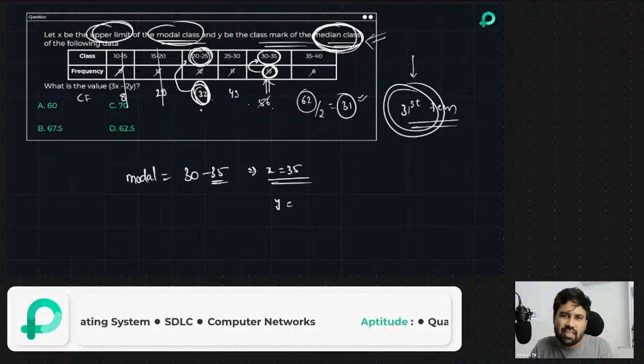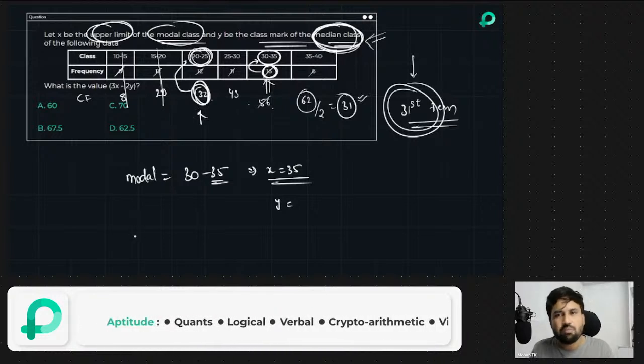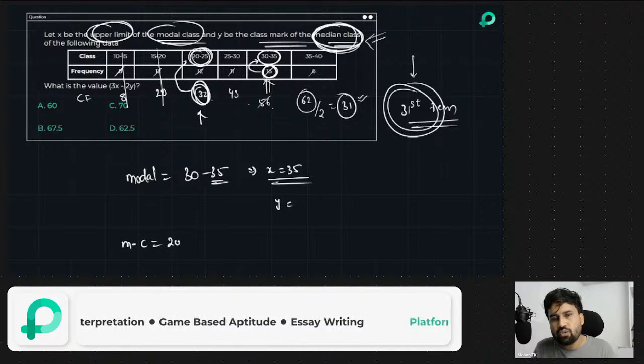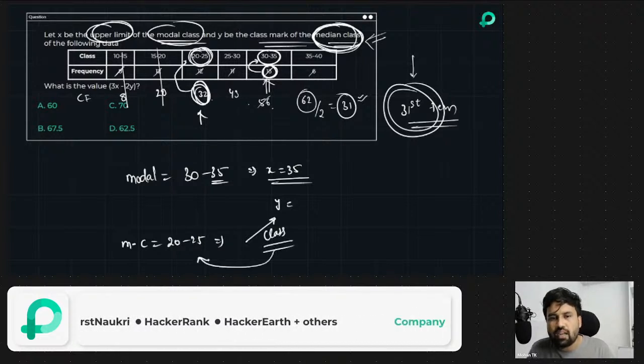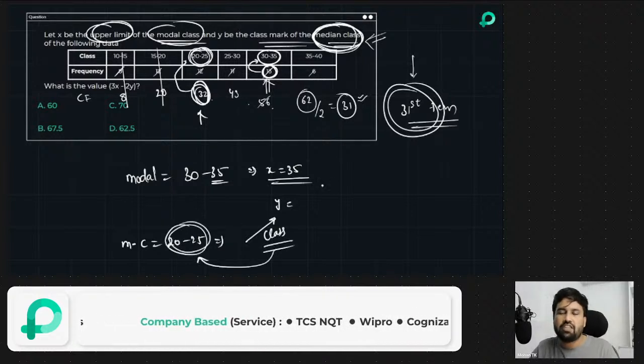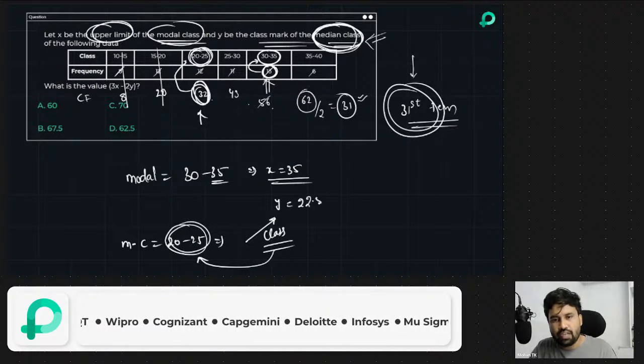The 31st term is present here, so the corresponding class is called the median class. The median class is equal to 20 to 25. But y is the class mark, right? The class mark is nothing but the average of 20 and 25, which is 22.5.